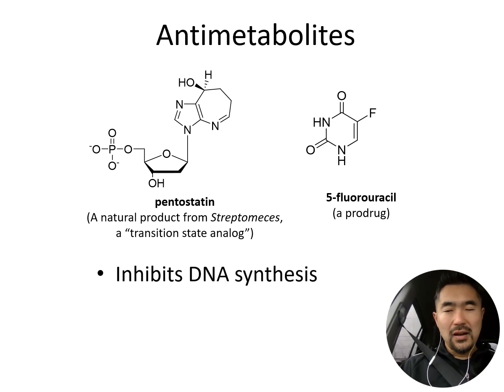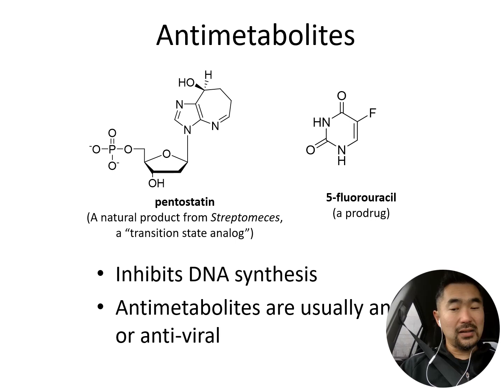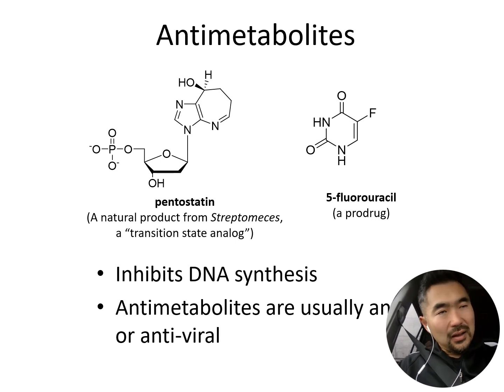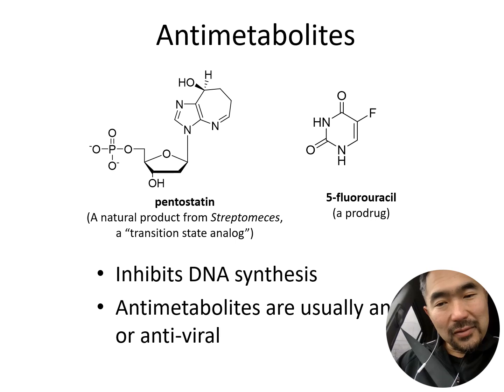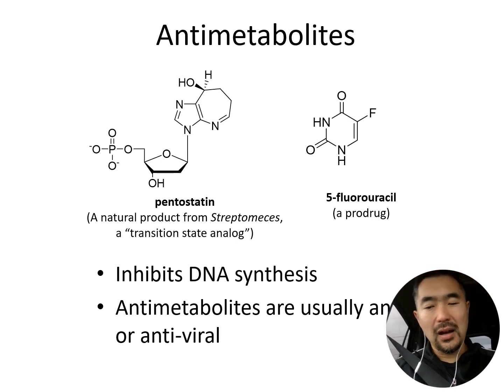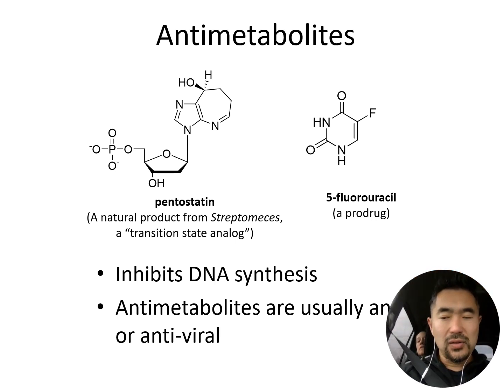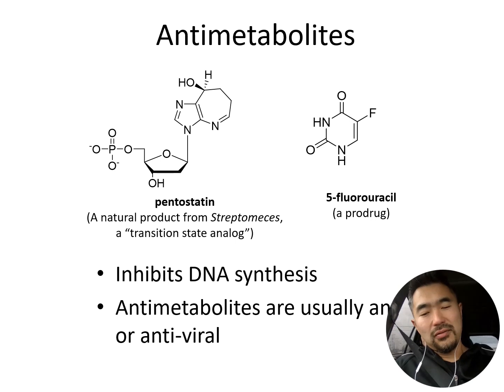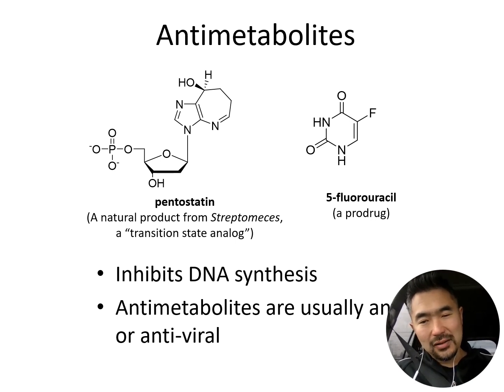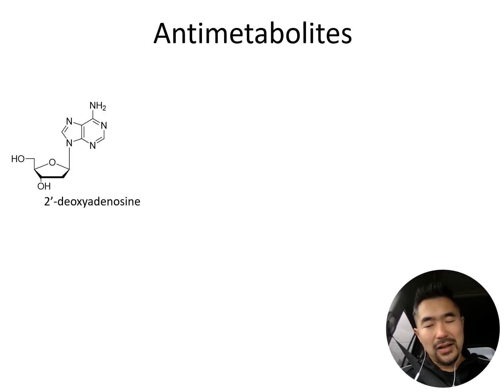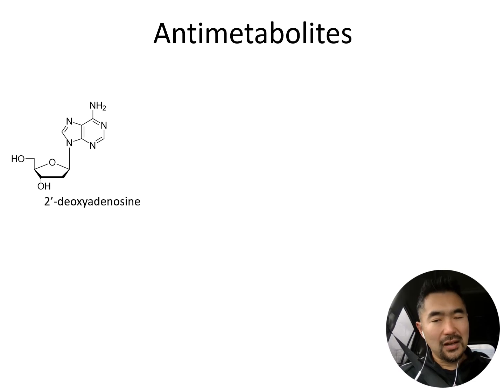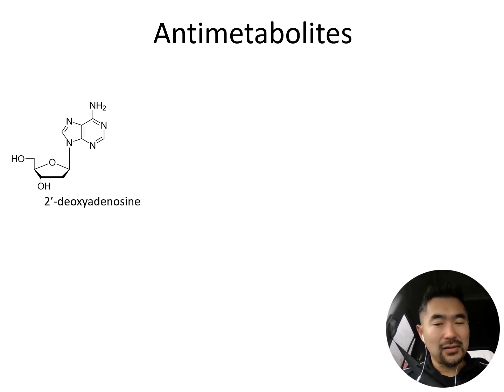Maybe you could guess where we're going with these. These both inhibit DNA synthesis, and most antimetabolites are used as either anti-cancer or antiviral drugs. And you might see the reason why as we think about the mechanism of action.